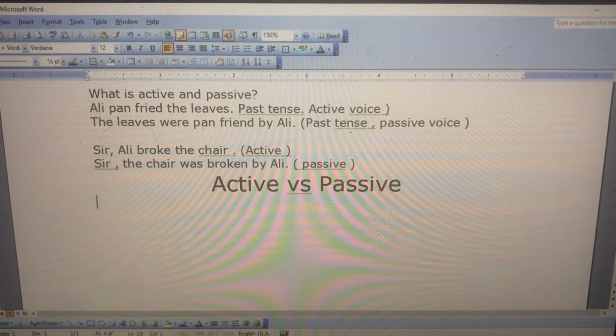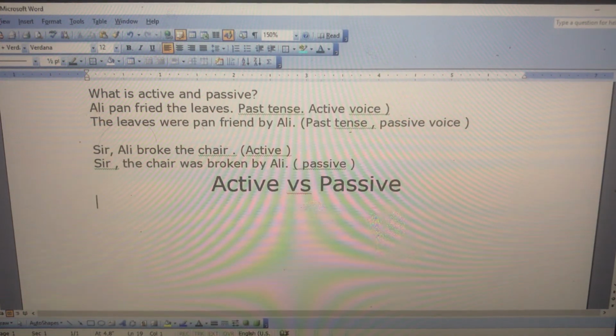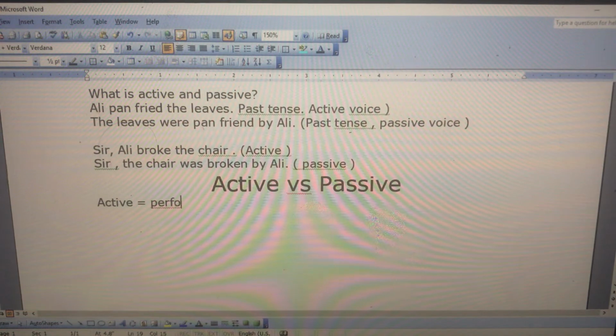What is passive? He is a very passive student. What does it mean? It means that the student does not perform any action. He is sitting in the corner. He doesn't work actively, he doesn't reply very actively. He enjoys sitting in the corner there. So we say that he's a passive student. He doesn't perform action. So active means that it performs action.